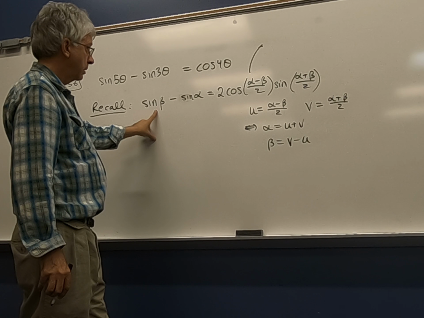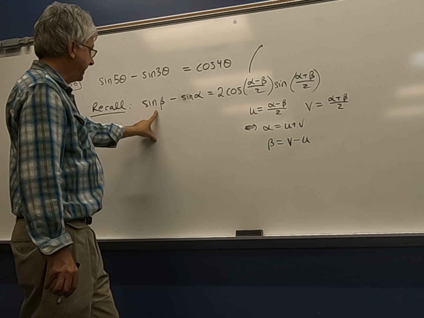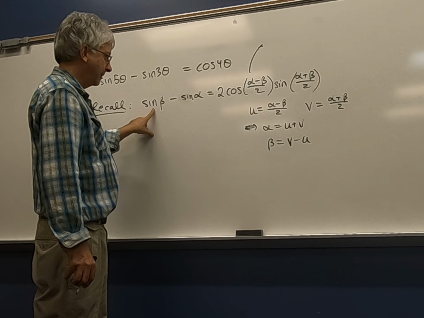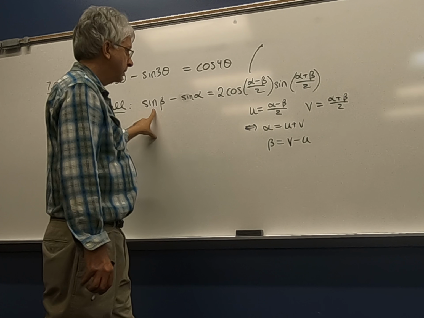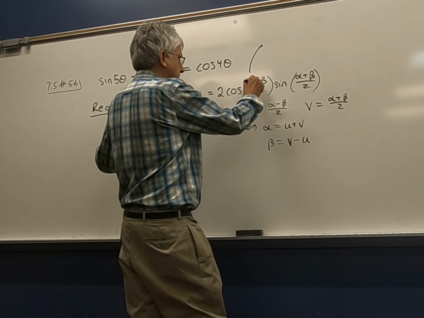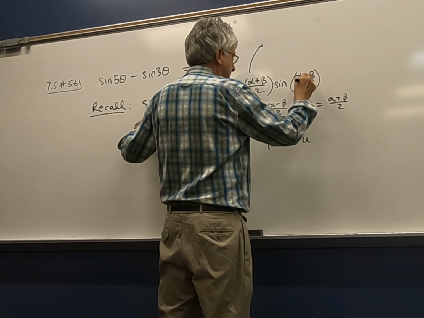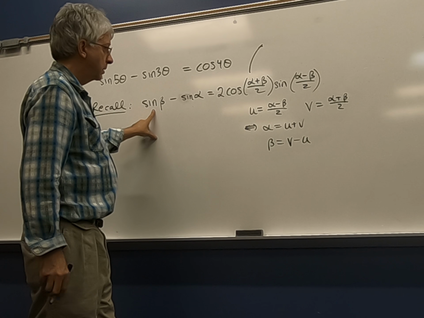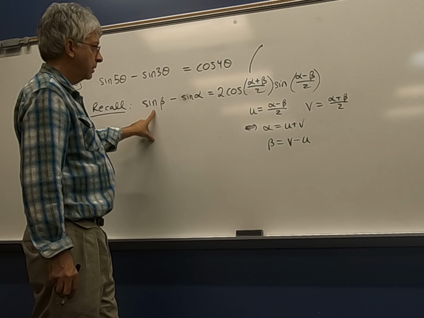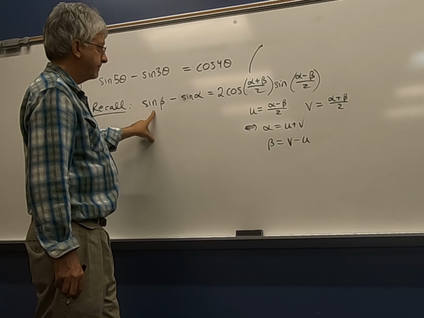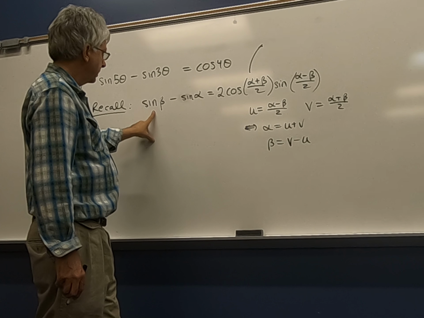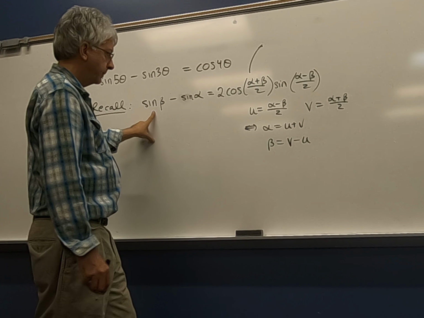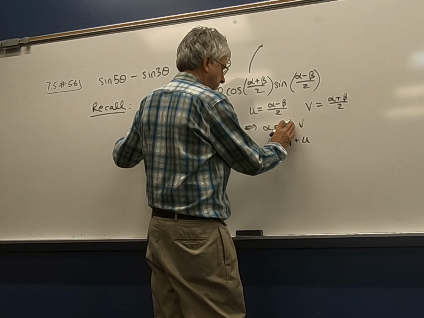Okay, so now let's try it. Maybe it should go the other way about. So is this the plus and this is the minus? Yes. So now let's try it. If I plug in beta, this would then be plus or minus here.